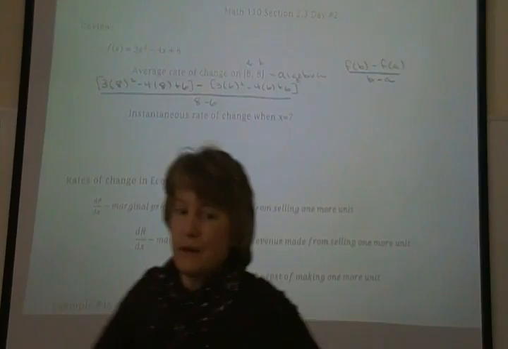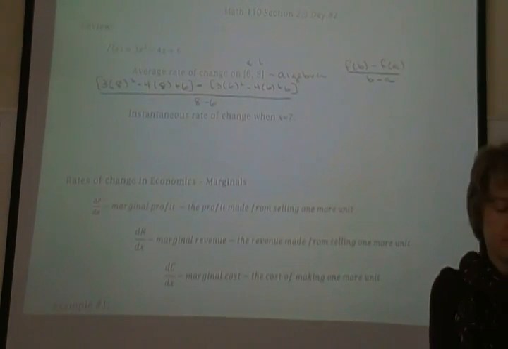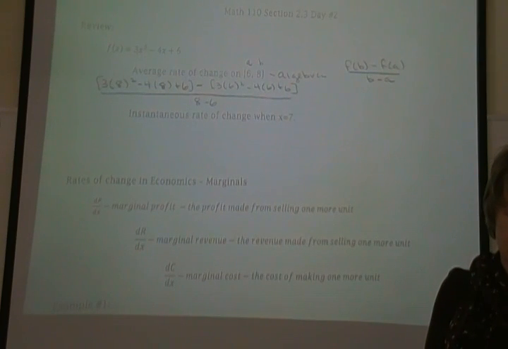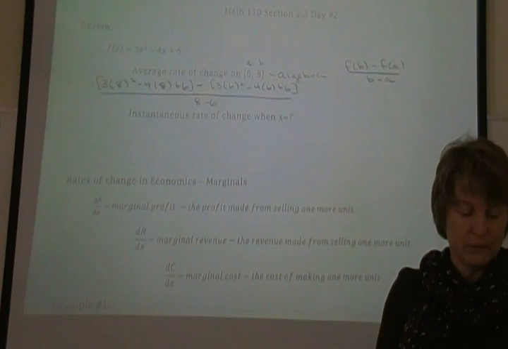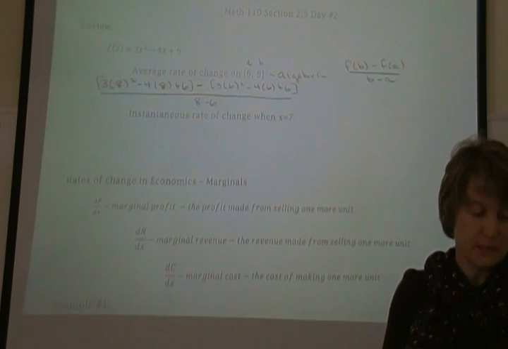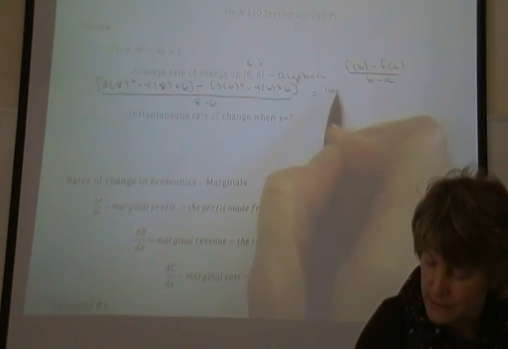So I'm going to grab my calculator and figure out what that is. So I have 3 times 64 minus 32 plus 6, so that's 166.